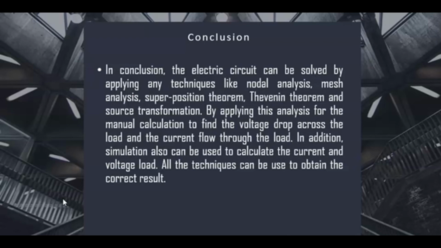By applying these analyses for manual calculation, we can find the voltage drop across the load and the current flow through the load. In addition, simulation can also be used to calculate the load current and voltage. All the techniques can be used to obtain the correct result.